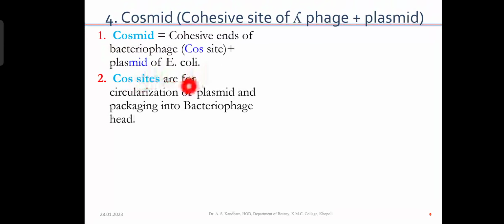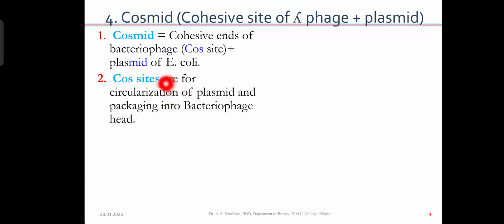Cos sites are for circularization of the plasmid and packaging into the bacteriophage head. So these cos sites are derived from viruses. They are cohesive sites forming sticky ends, and due to sticky ends the vector can be circularized. It becomes circular and it can be packaged into the bacteriophage head for infection of the bacterial cell.